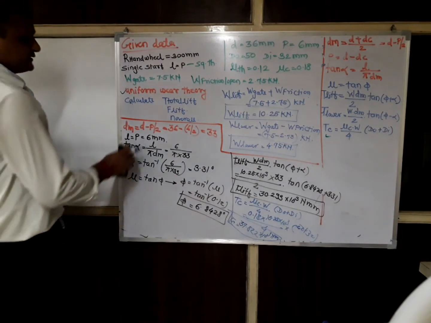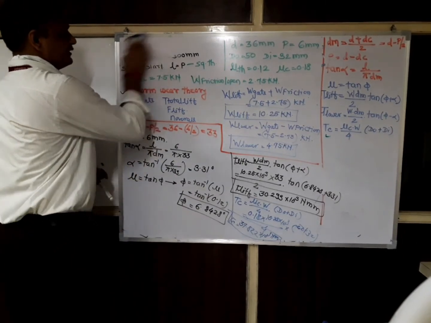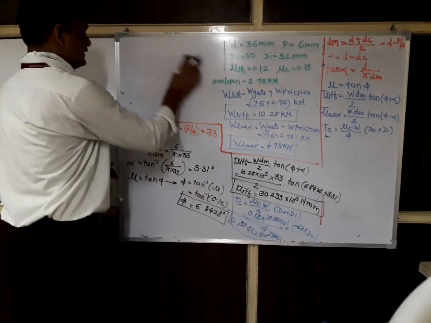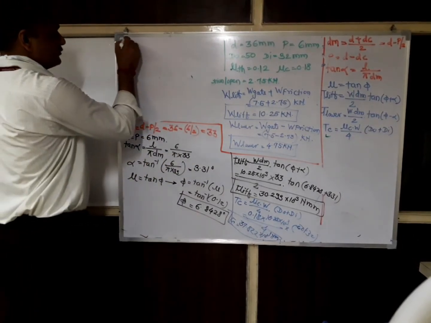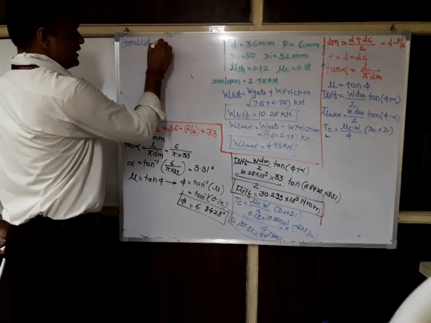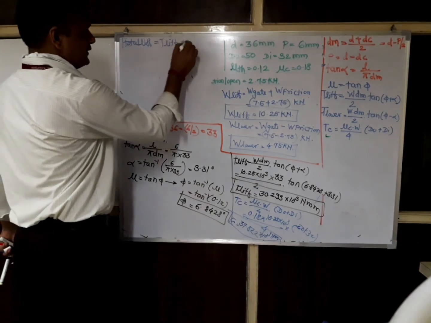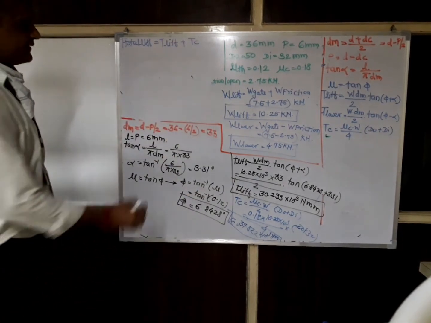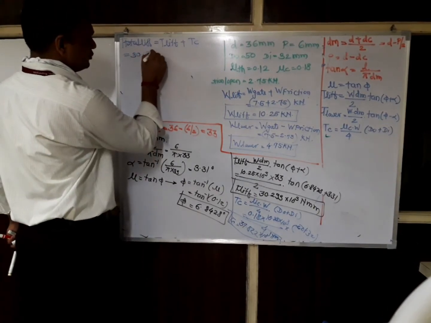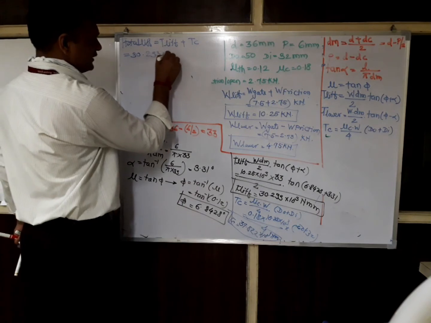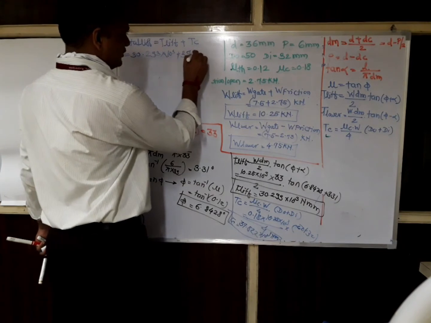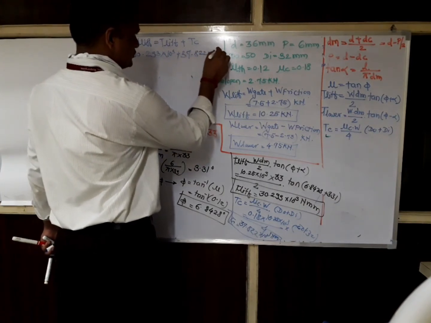Now lastly we need to find the total torque, T total. Therefore T total lift will be equal to T lift plus collar friction. Now T lift is equal to 30.293 into 10 raised to 3 plus 37.822 into 10 raised to 3.